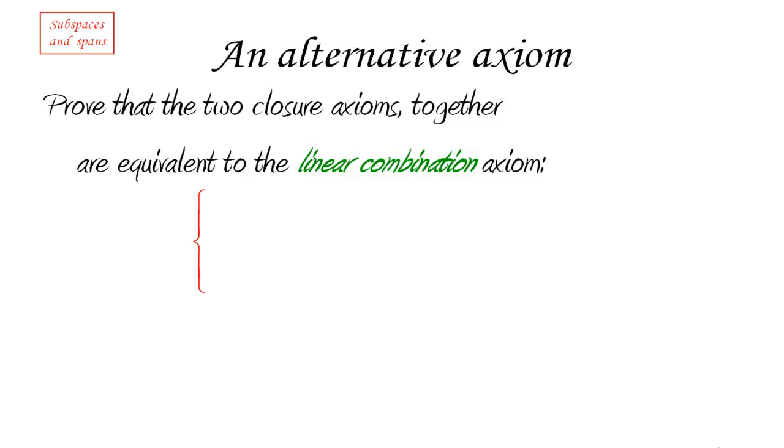This axiom says, alright, we are in a vector space. Given any two vectors in the vector space and given any two scalars, just any two real numbers, the linear combination C1v1 plus C2v2 still has to be in the vector space. So in other words, if I take a linear combination of any two vectors, I must still come up with a vector in the vector space.